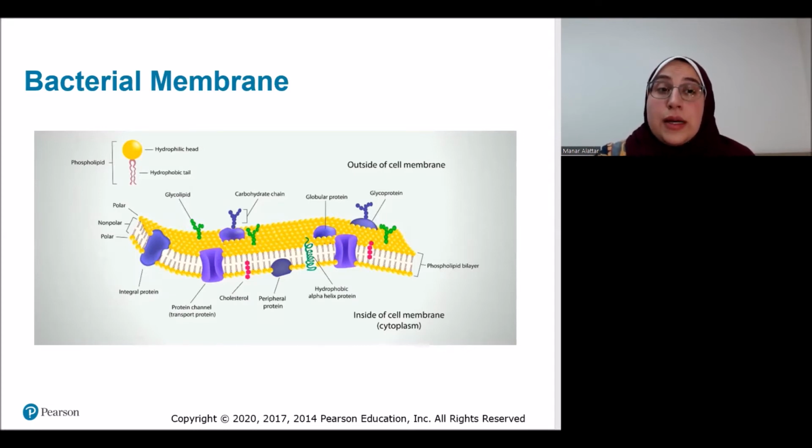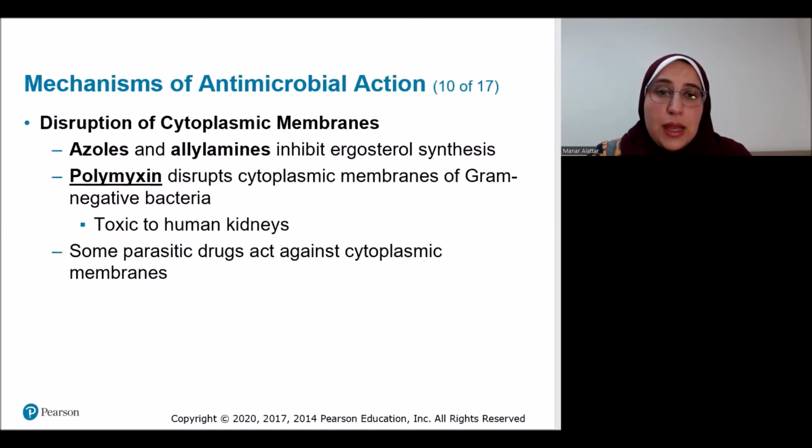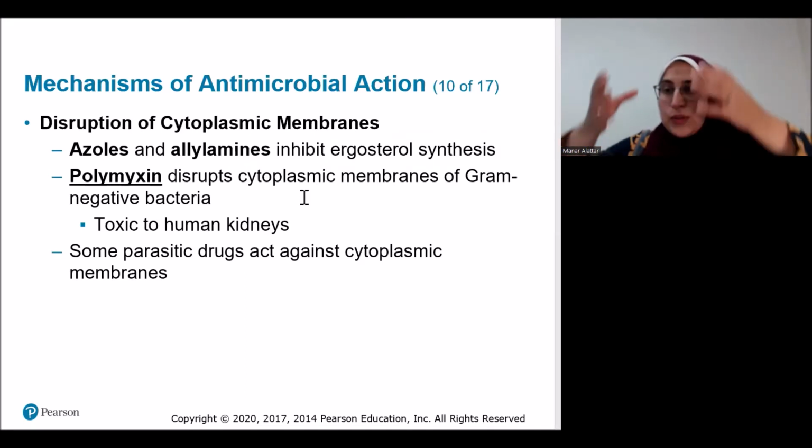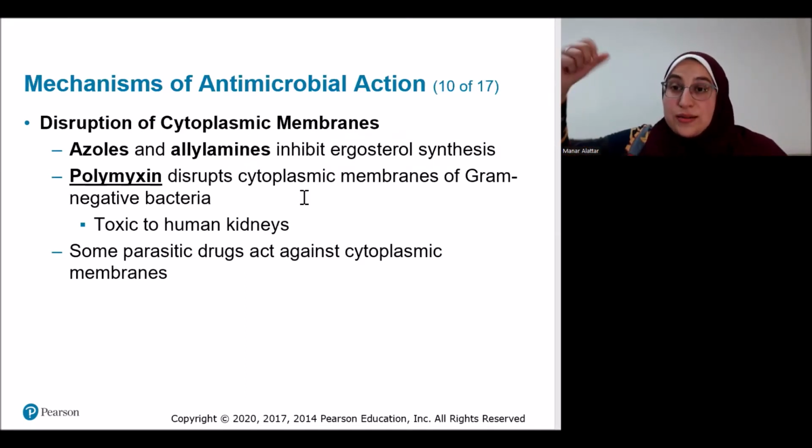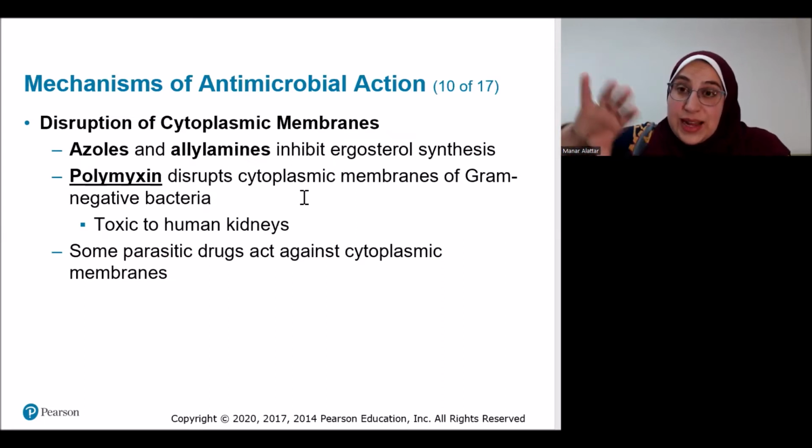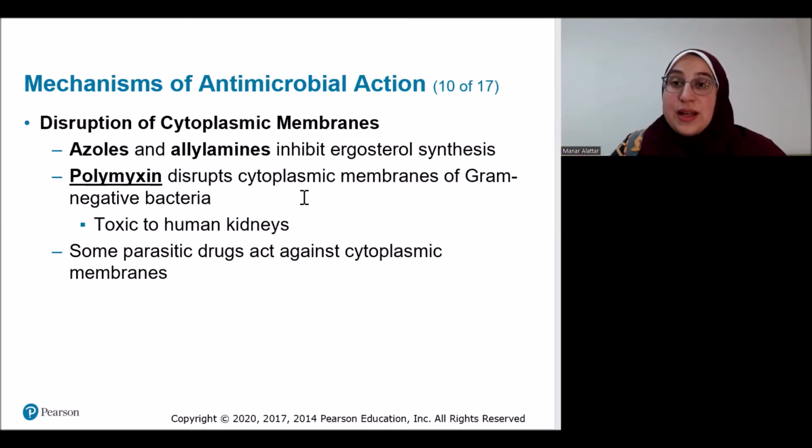And that's exactly what these antibiotics do. So we're going to talk about polymyxins in this example. Polymyxins essentially create a pore. That's literally what it is. They create a number of pores through the cell membrane, and then that membrane loses its integrity and that cell dies.